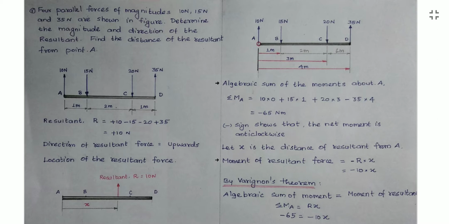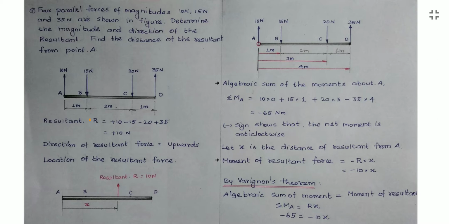Here, this body is one straight bar, and on it four forces are acting. So we need to find the resultant. Resultant means a single force that replaces a number of forces.